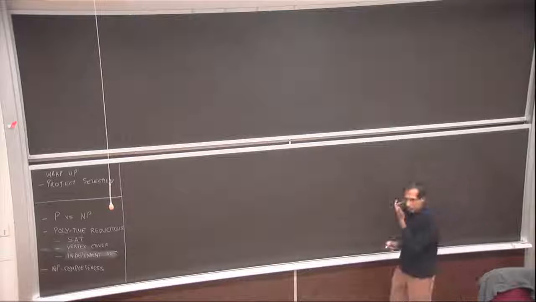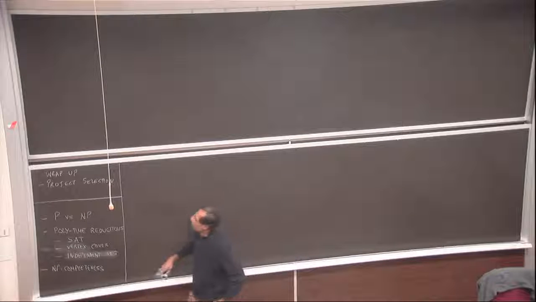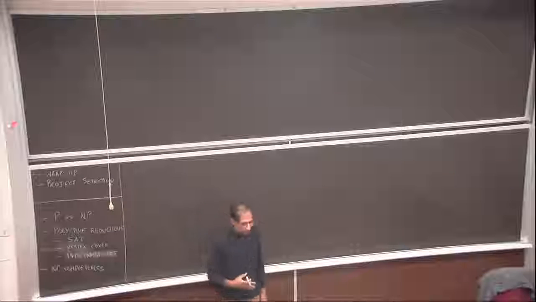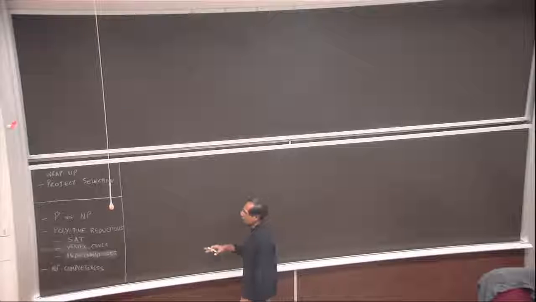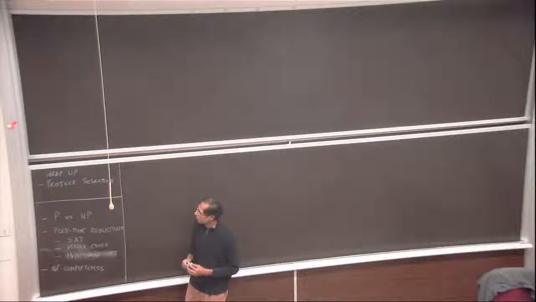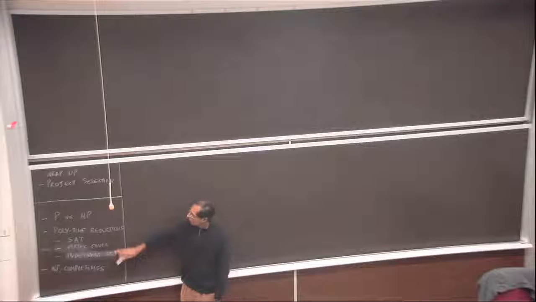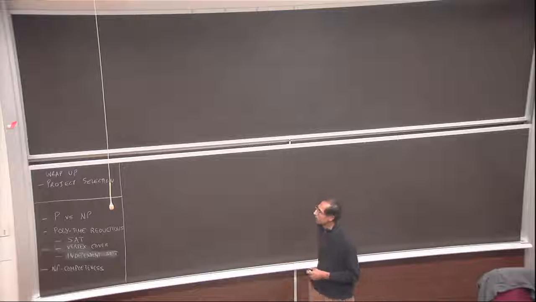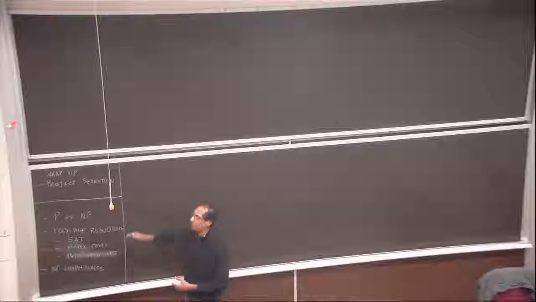So let's begin. At the end of last class, we were doing project selection, and I will go over the project selection problem again, just quickly review it to have a clear understanding of how the reduction works. Then we will get a high-level overview of what we have done in this course so far, and get a glimpse of what we have not done.